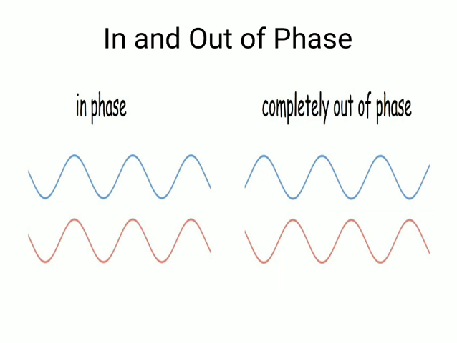You can see here on the right-hand side, when one signal is increasing and attaining the maximum level, the red one is decreasing and attains its maximum level on the negative side. So this is inversely opposite. So we can say that these two waves are out of phase. So this is nothing but in phase and out of phase. I hope you got it.